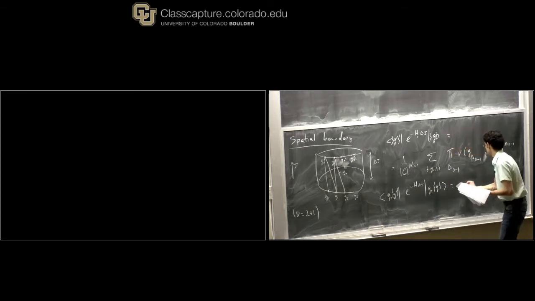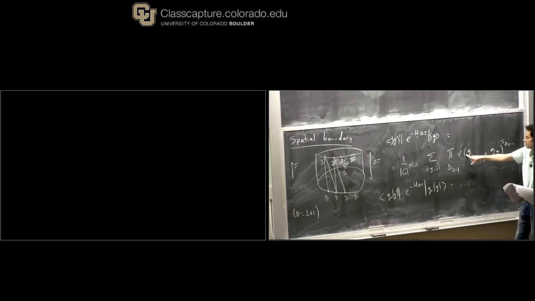Okay, I get the same thing, except here I get g naught instead of g. Nu of g naught g, delta d minus 1, g star x.